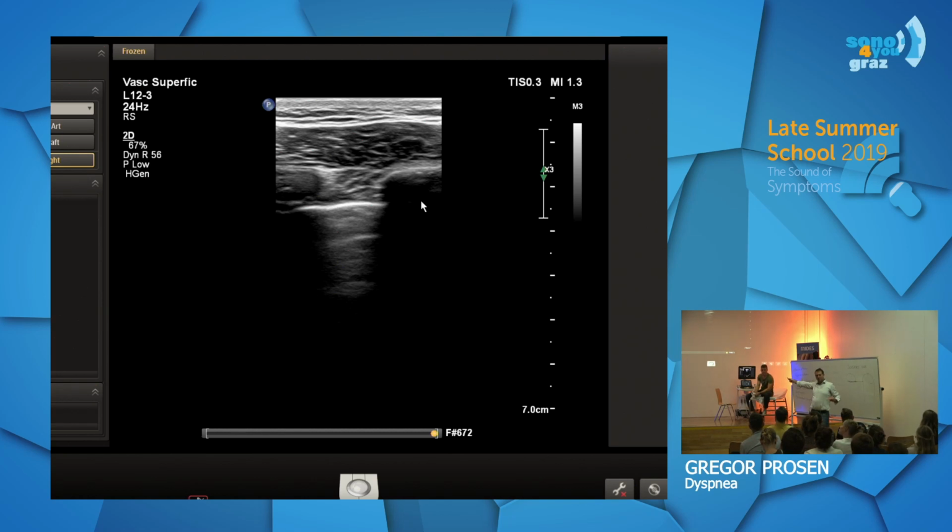Okay? So technically speaking, yes, these are two ribs, and just below is pleural line. Just below is pleural line, and this is a very important landmark, most important landmark of lung ultrasound.